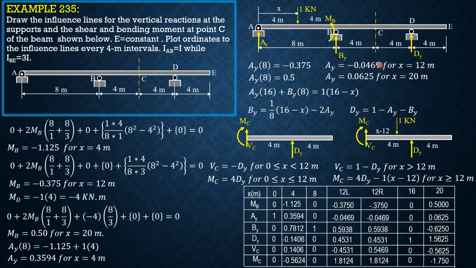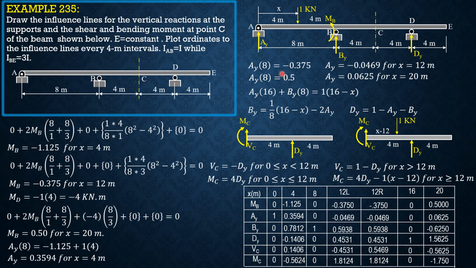When x is 12, just to the left, MB is negative 0.375, and also when x is 12, just to the right. When x is 16, with the unit load over D, MB is 0 again. Then when x is 20, MB is 0.5.